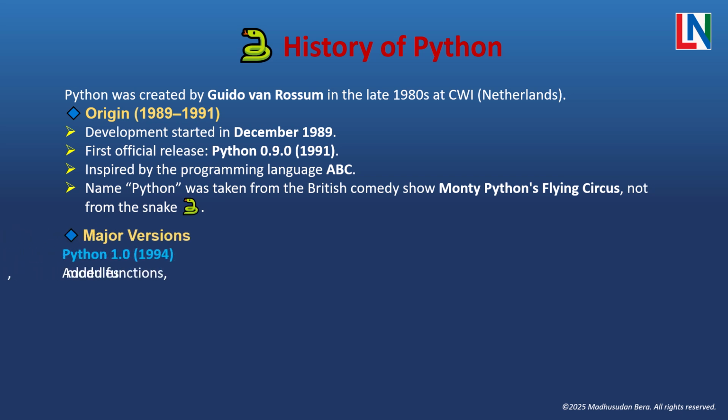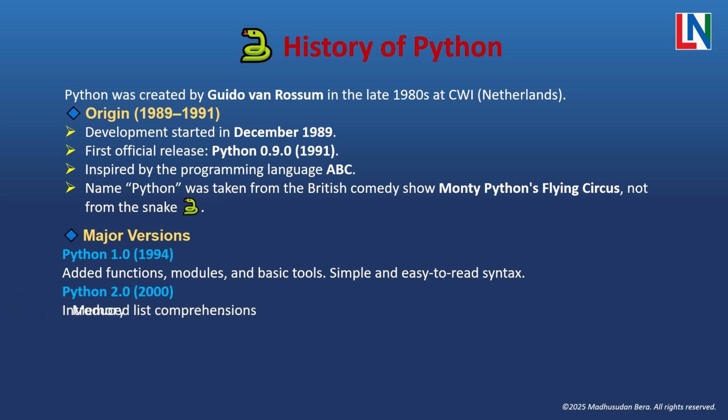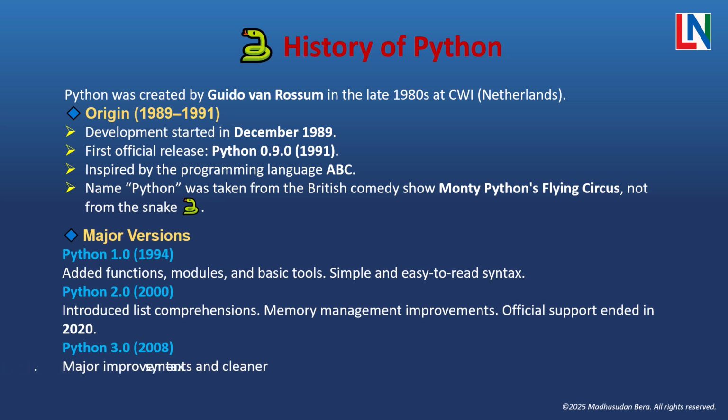Major versions: Python 1.0 in 1994. Here functions were added, modules were added, basic tools were also added, with simple and easy to read syntax. After that, in 2000, Python 2.0 was released, introducing list comprehensions and memory management improvements.